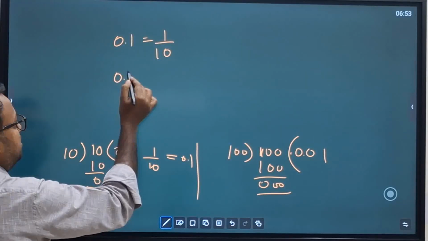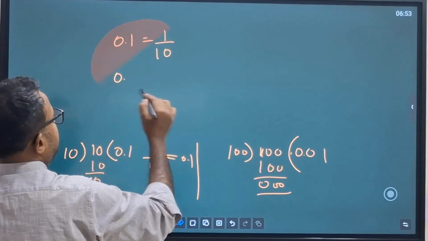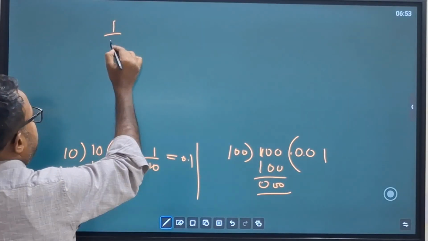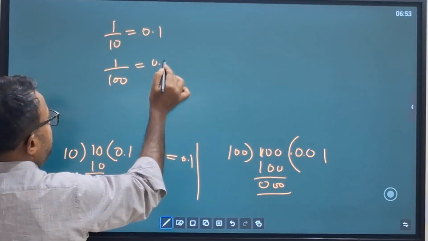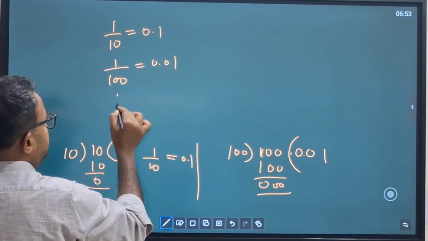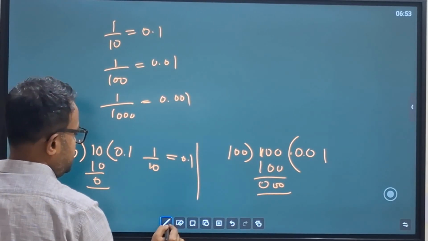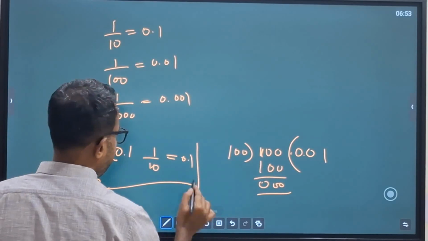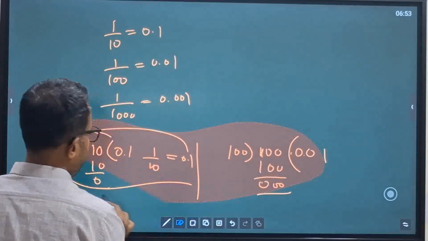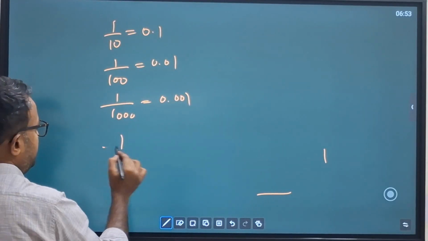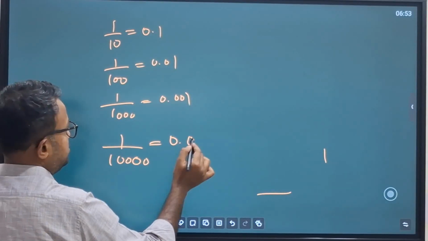So the results are: 1 by 10 is equal to 0.1, 1 by 100 is equal to 0.01, 1 by 1000 is equal to 0.001. Similarly, 1 by 10000 is 0.0001.